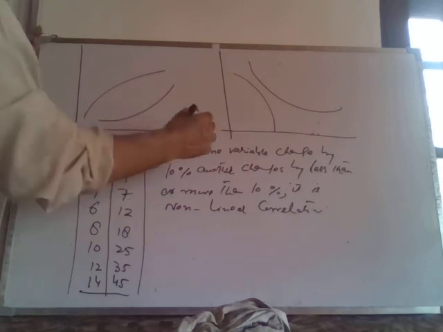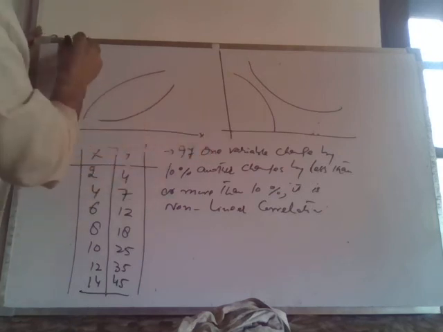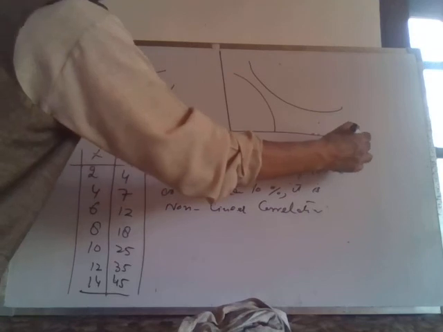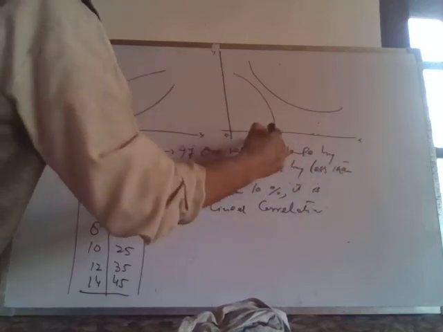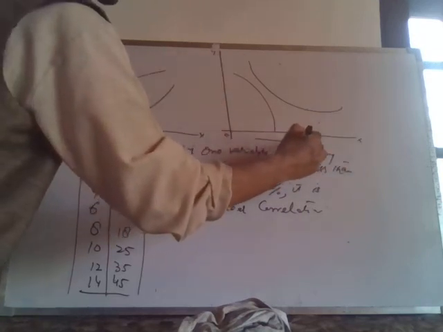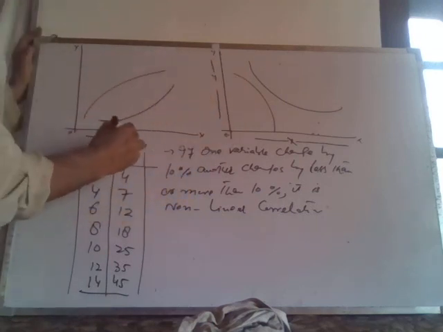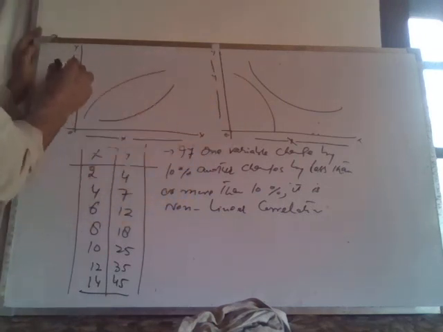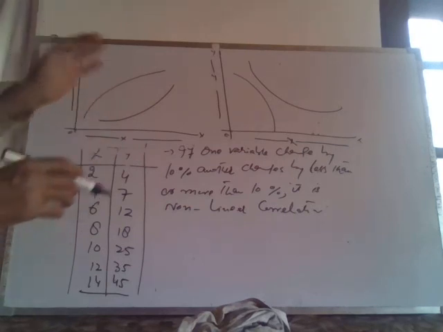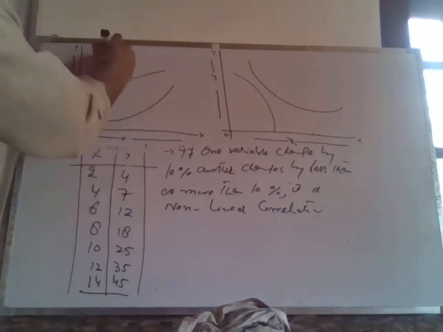So if this is x and this is y, here we measure x and here we measure y. So such a relation is called a non-linear.